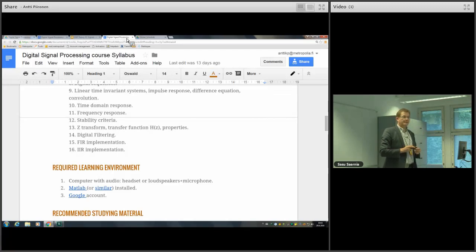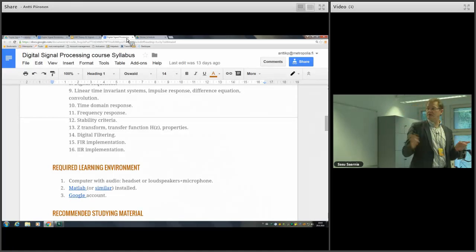About the learning environment, what you should have is a computer with audio. Here we probably have some audio on this computer, but you can also use your laptops. It's actually a good idea, then you can continue working on the exercises at home.